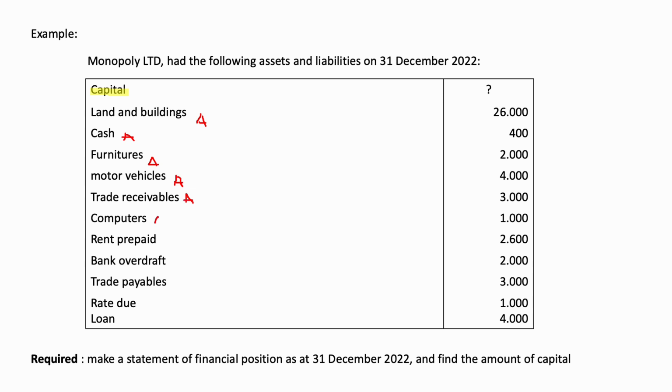Computers, assets. Rent prepaid, assets. Bank overdraft, it's liability. Trade payable, it's liability. Rent due, it's liability, and the loan is liability.